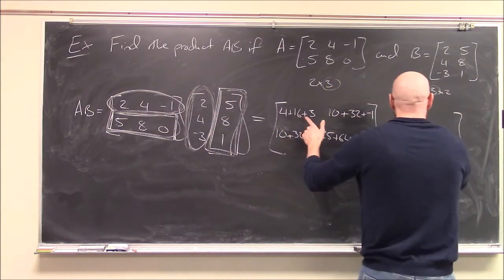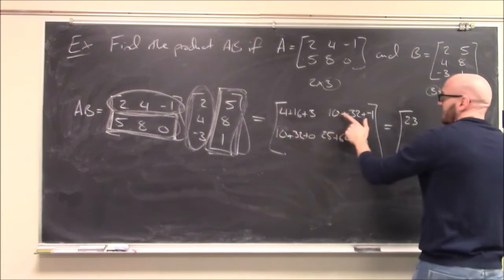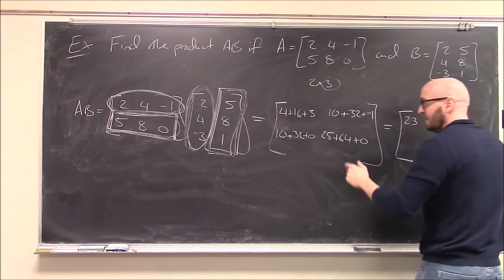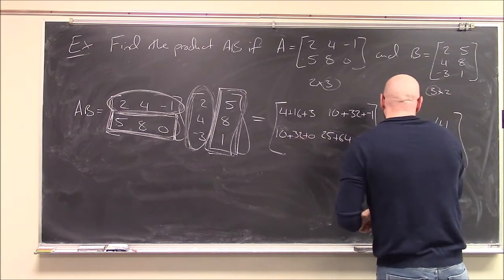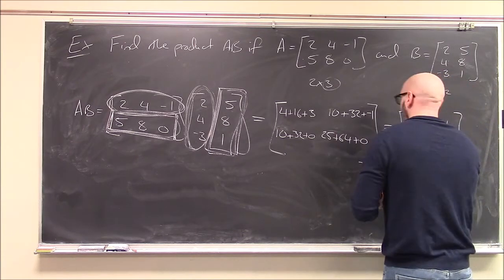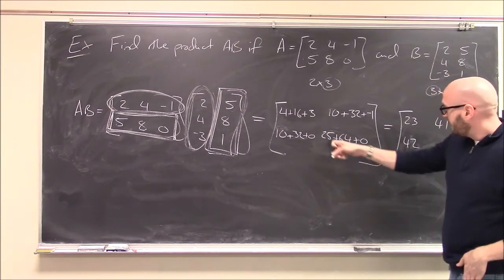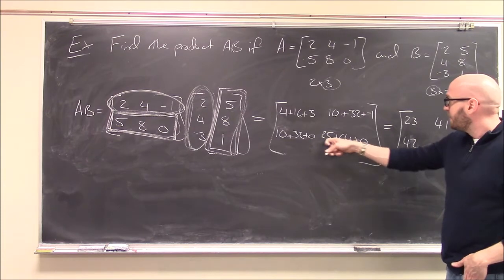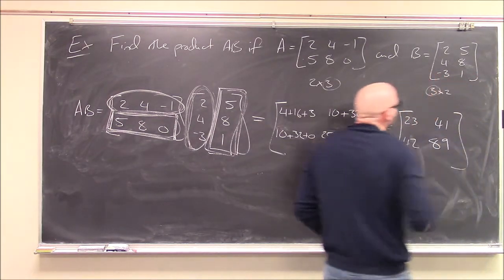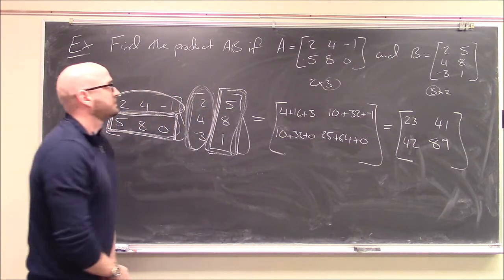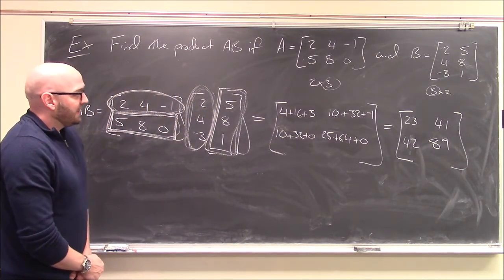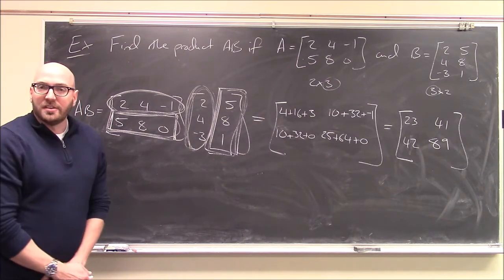So what do we have? 23. 10 plus 32 is 42, minus 1 is 41. 10 plus 32 is 42, and then I wrote 43. And here we've got 25 plus 64, 69 plus 20 is 89. So there is our product AB.